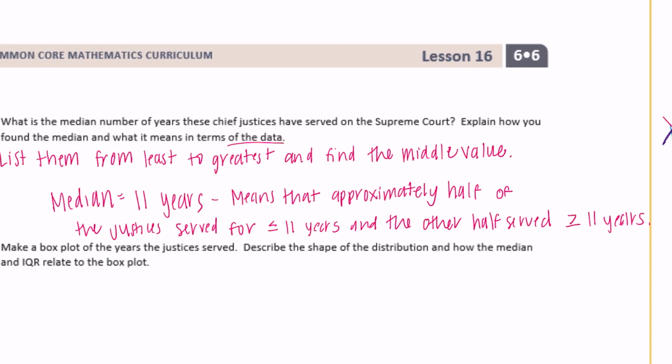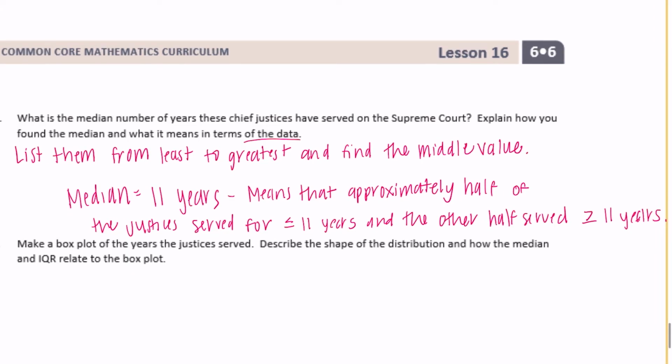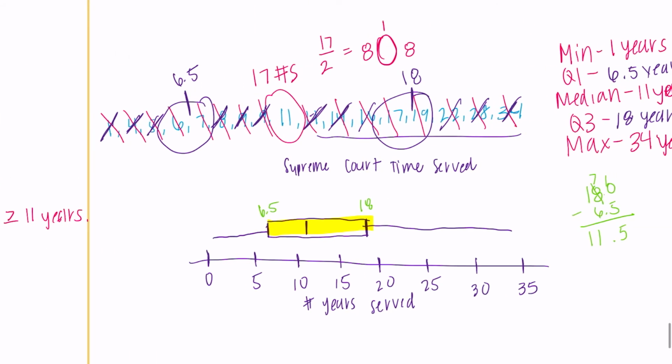Describe the shape of the distribution. So we could just say that they seem to have more justices serving on the smaller end than the larger end. If I see here where it's distributed, it's more heavily leaning this way because the box is more down here on this end rather than up here. So let's just kind of describe all of that.